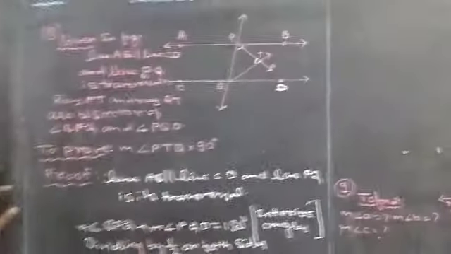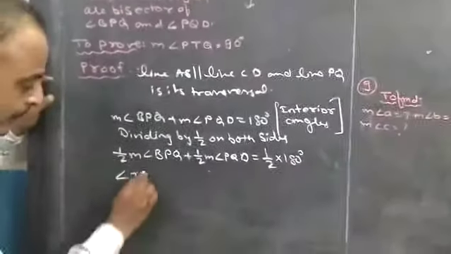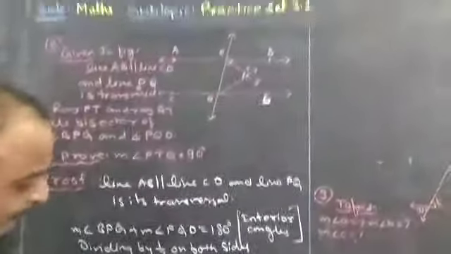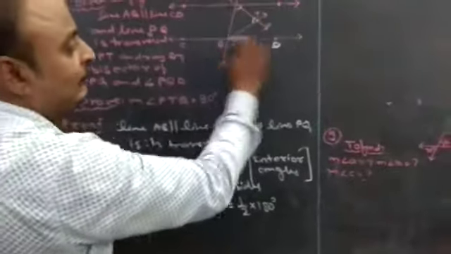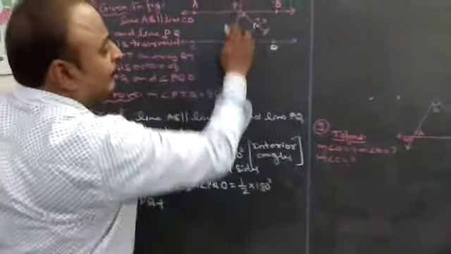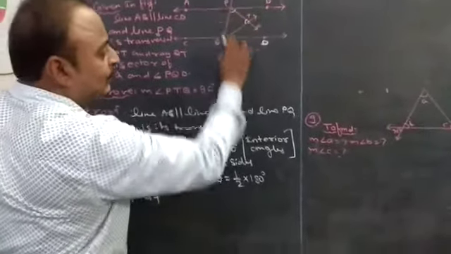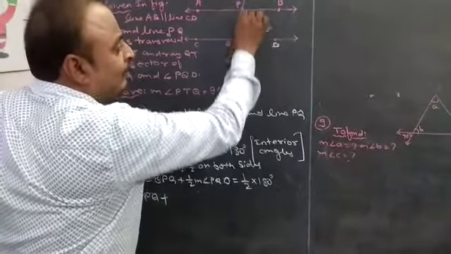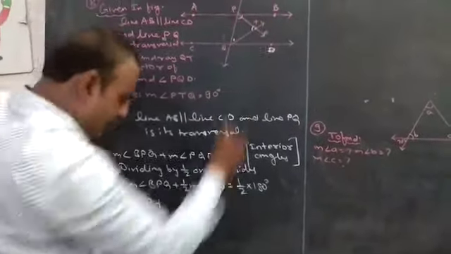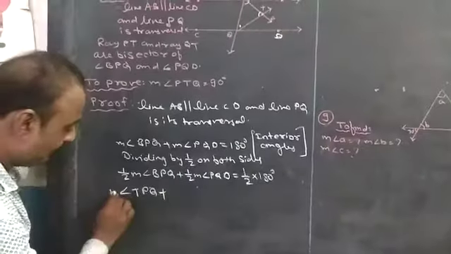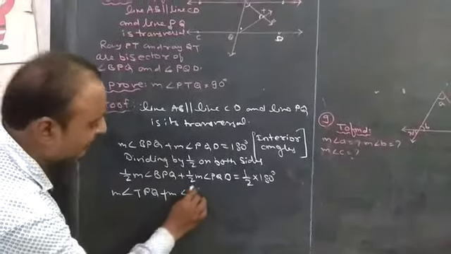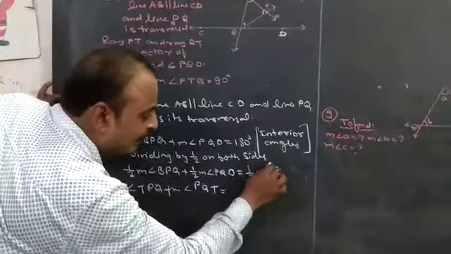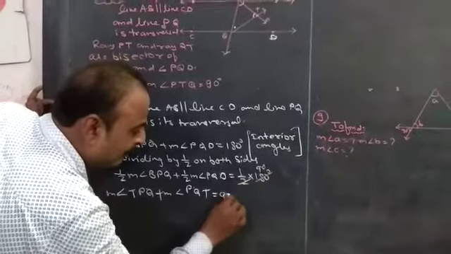Plus half of angle PQD, I can take as angle PQT. This is the whole angle, and I take half of this PQT. If you divide it, you will get 90. So write down here 90.